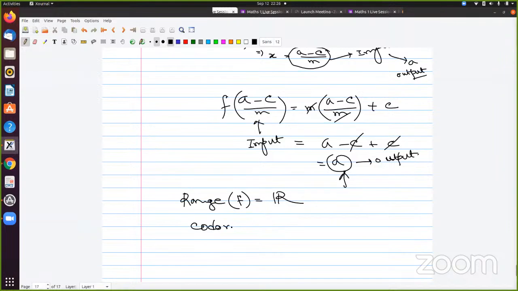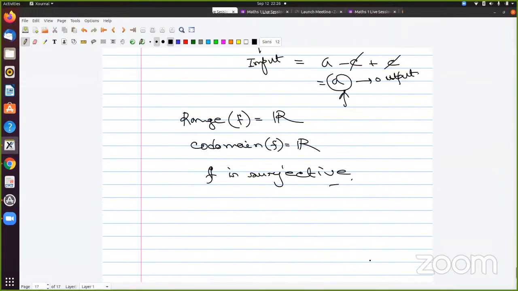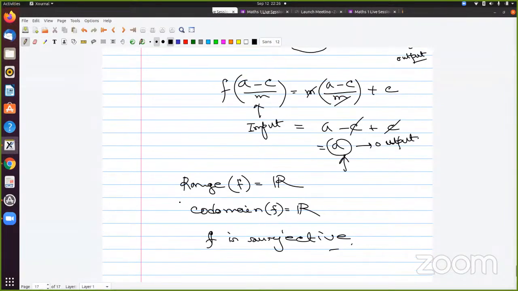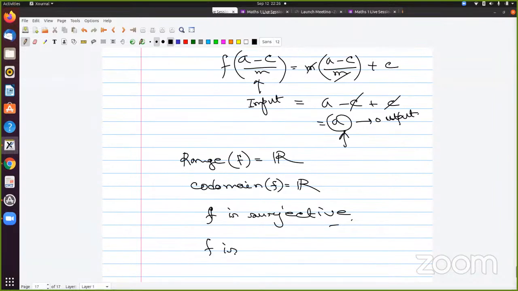Yes, sir, the codomain is also R. So these two are equal. So f is surjective, right? And it is injective and surjective, so it is bijective. Clear?